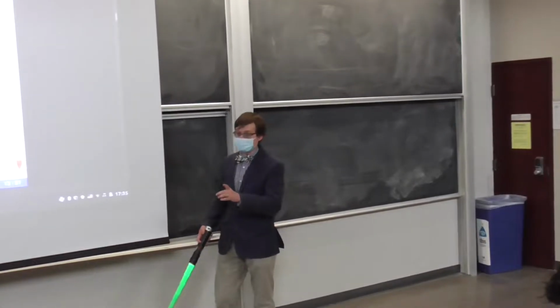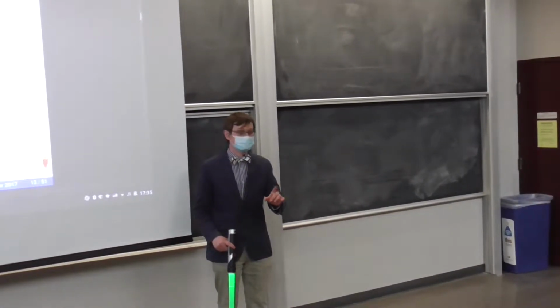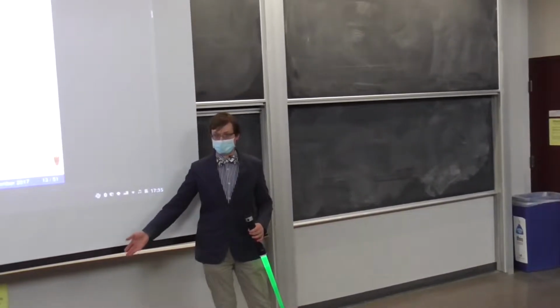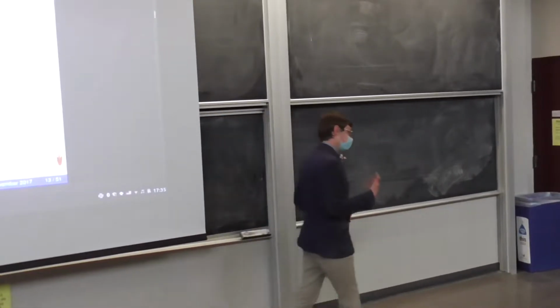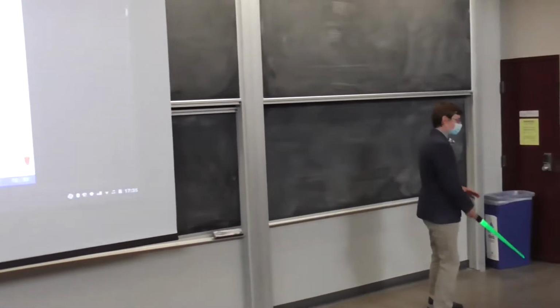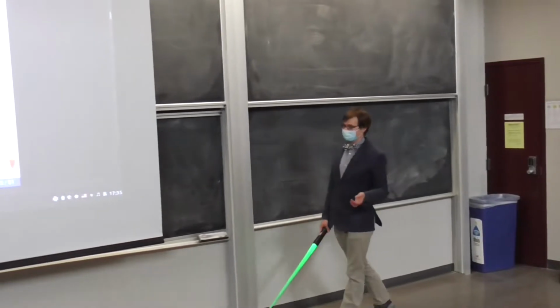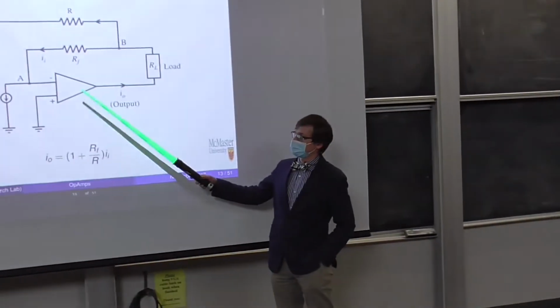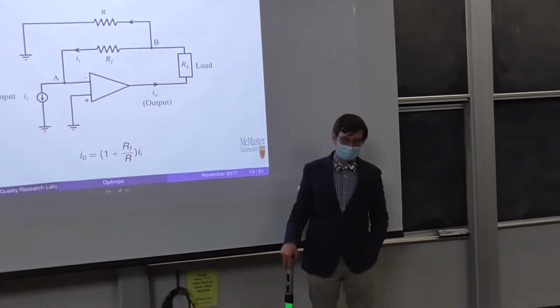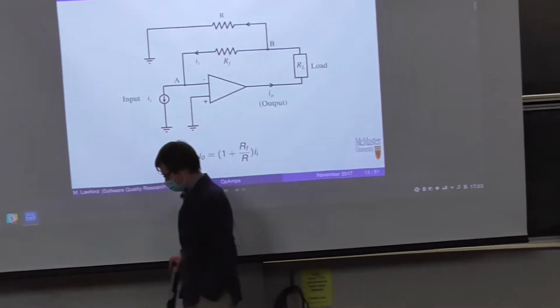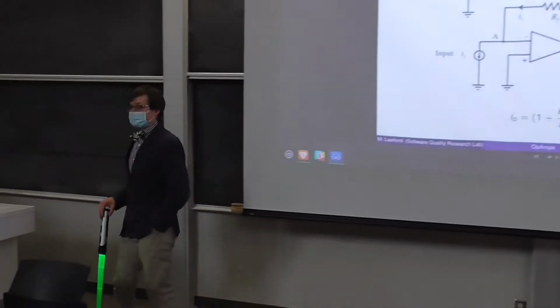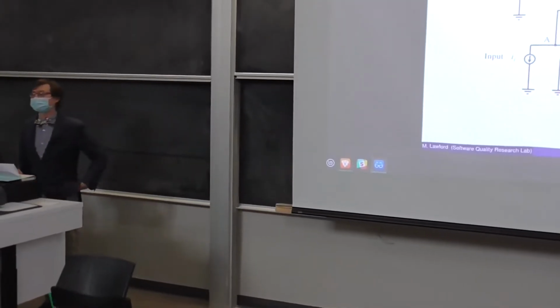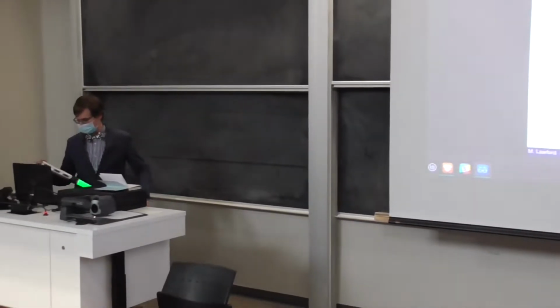Some types of sensors provide so much input impedance, in particular piezoelectric, but there are others, that it can be difficult to get a good reading off of them. This is another situation in which you would want an operational amplifier. Good. Any questions so far? Good.